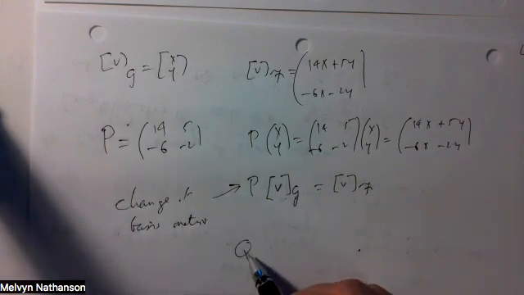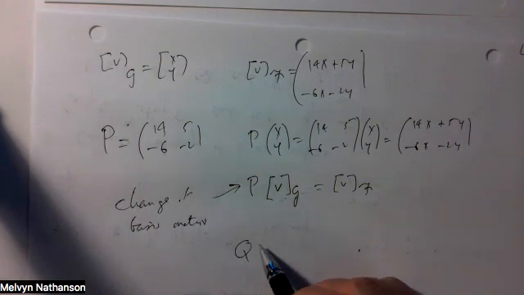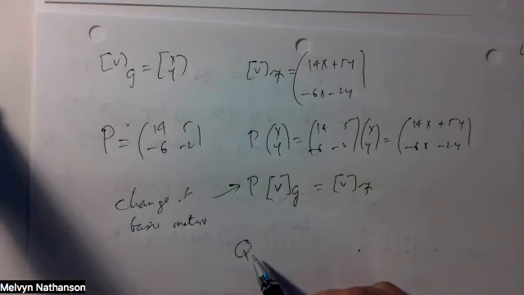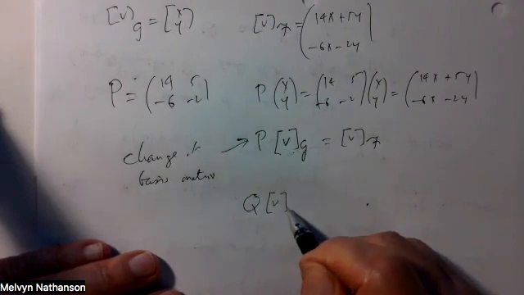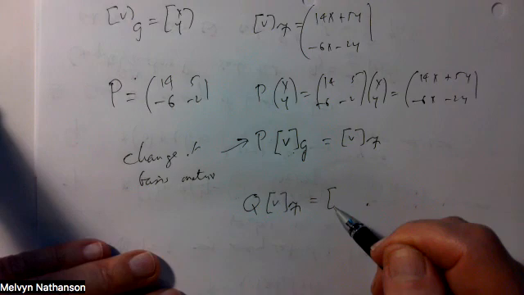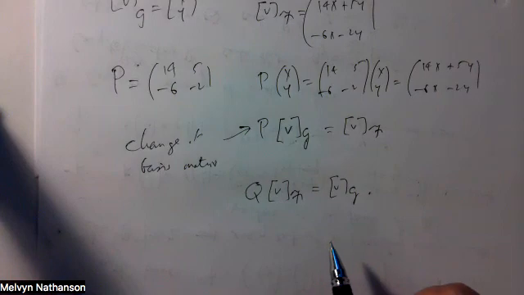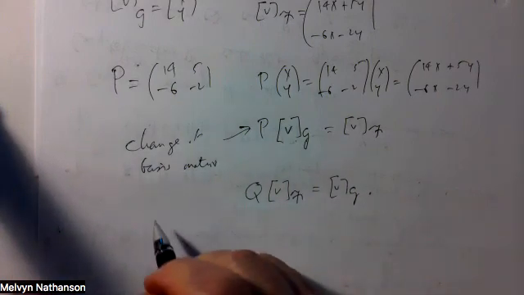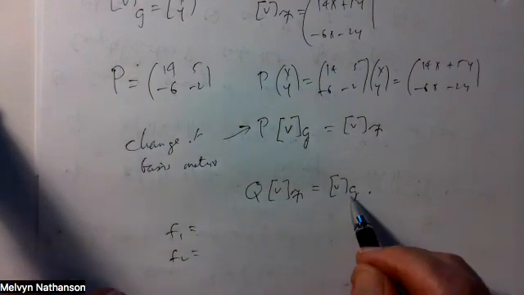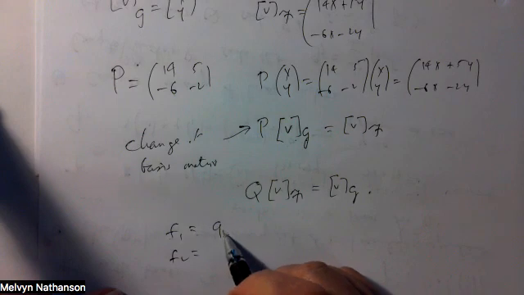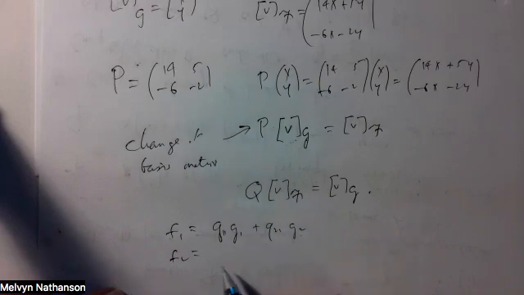And Q will be the change of basis matrix going in the opposite direction. This will be a matrix such that Q applied to the coordinate vector for V with respect to F gives me the coordinate vector for V with respect to G. To get that, I simply write each vector F1 and F2 as linear combinations of the vectors in G. This will be Q11 G1 plus Q21 G2.